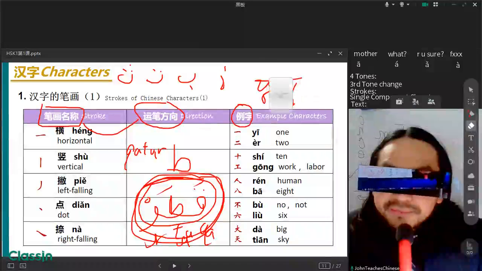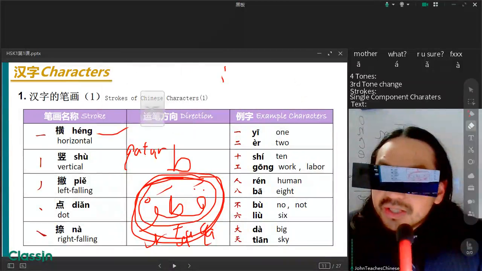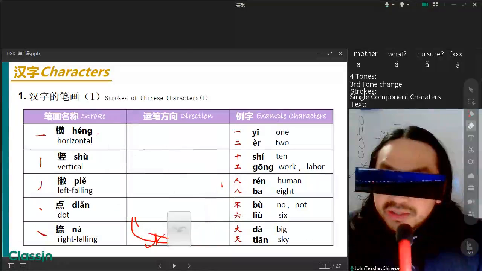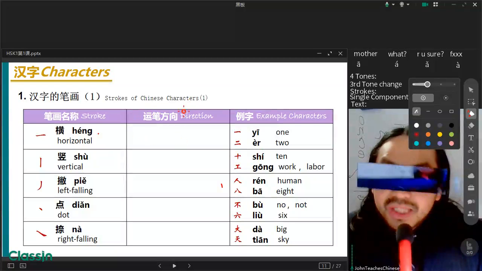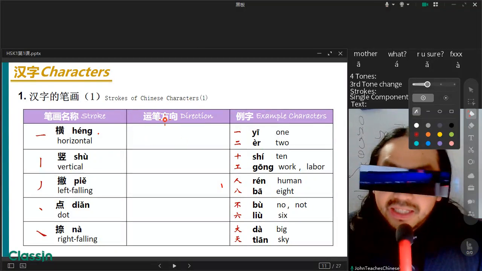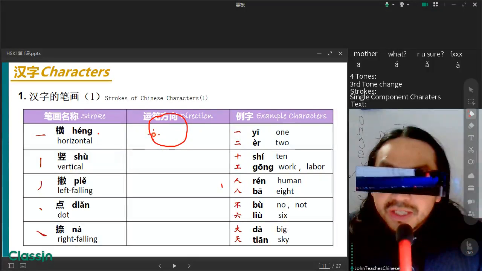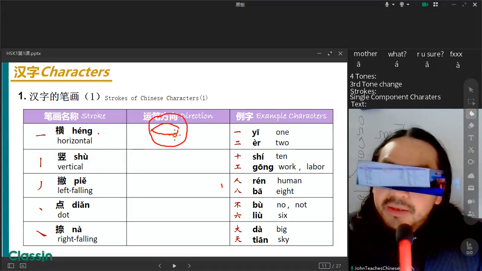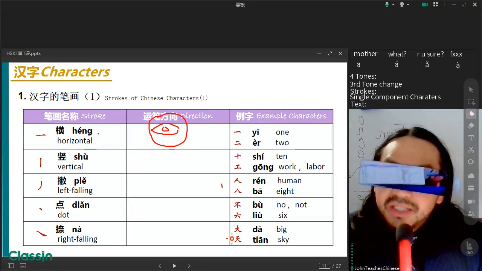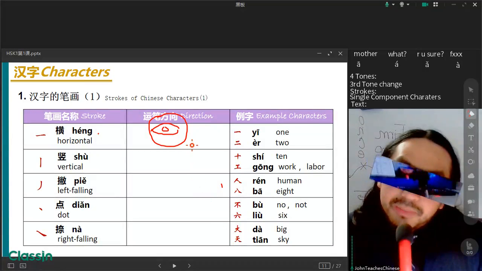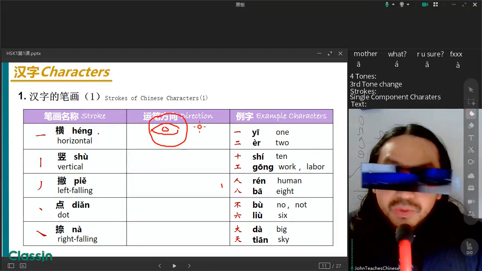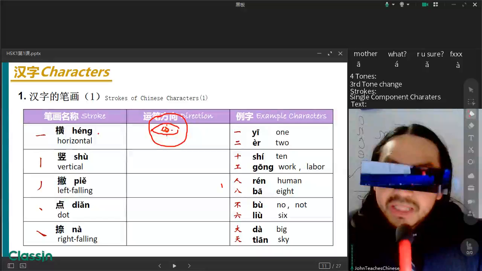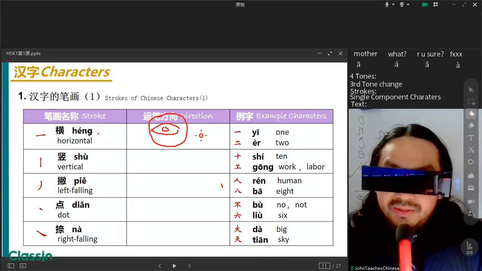Before, maybe 5,000 years ago, the Chinese might have been able to really see the meaning of a kanji. For example, maybe at the beginning, many years ago, you saw this Chinese kanji and knew it meant eyes.